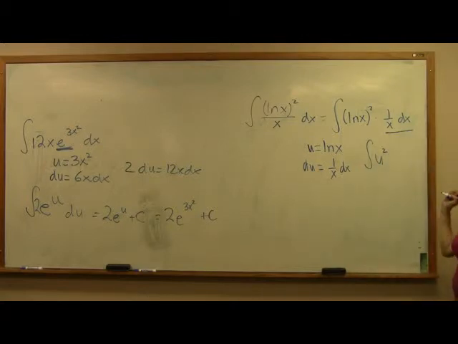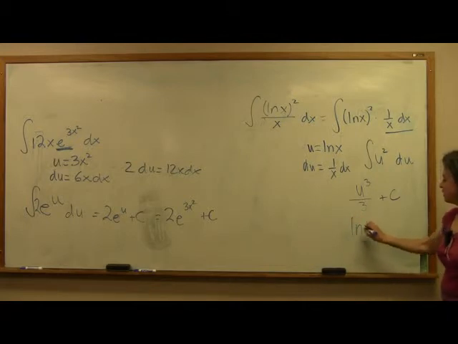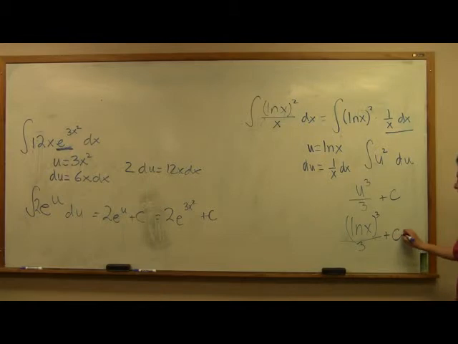And we still have a 1 over x dx that we need to account for, but that's precisely du. Isn't that fun? So now we take the antiderivative. We get u cubed over 3 plus a constant. And now we substitute what u stood for to answer our question.